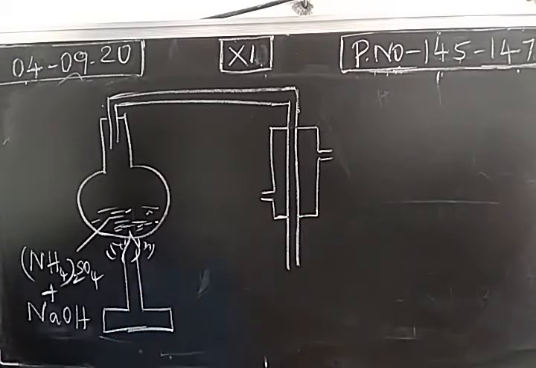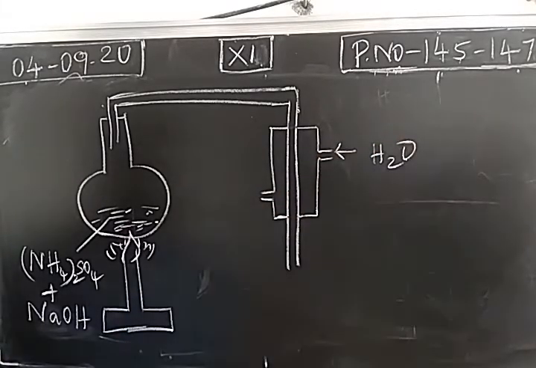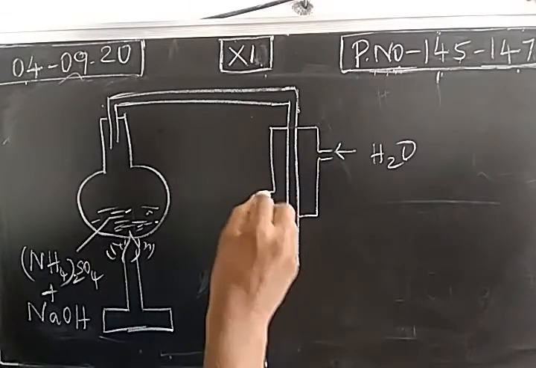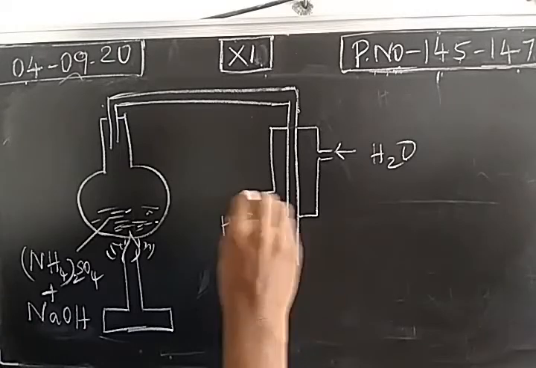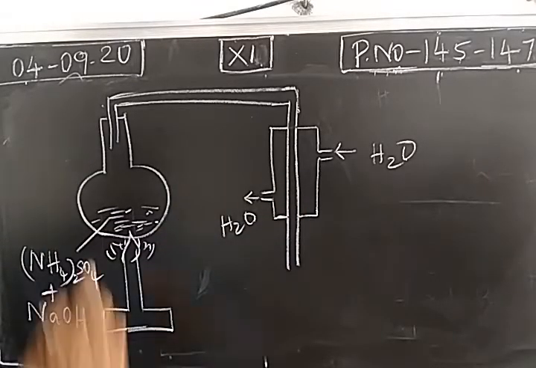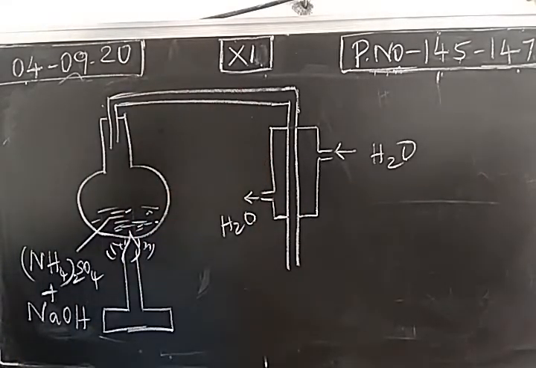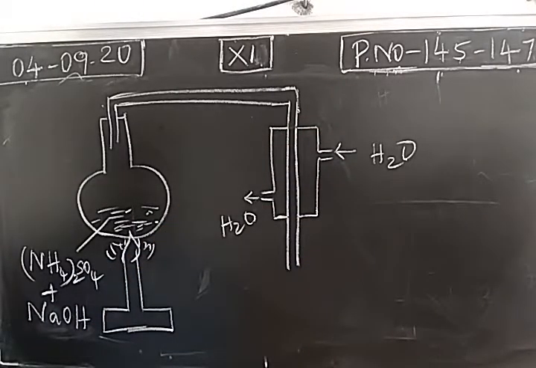So this is called a water condenser. Continuously water will flow into the condenser. So this is water inlet, this is water outlet. This water condenser is fitted with a delivery tube in order to cool the liberated gas. The gaseous molecule will come out, so we have to cool it. For that we have attached a water condenser.